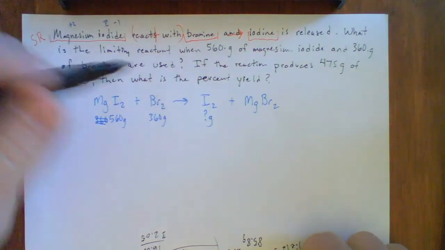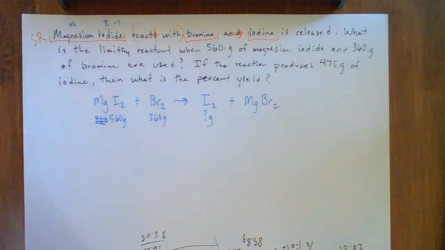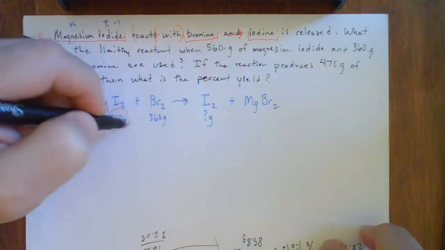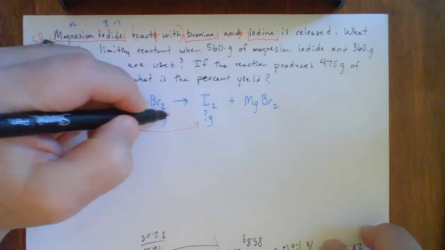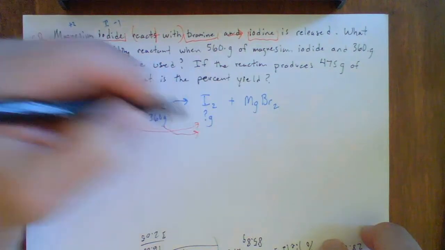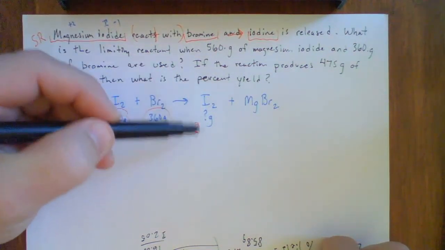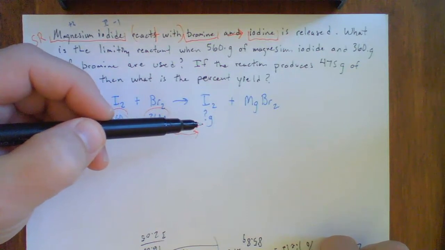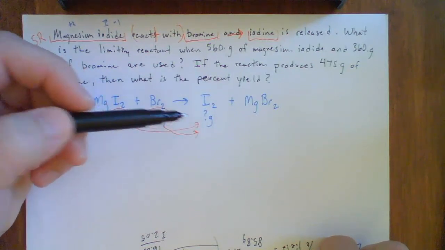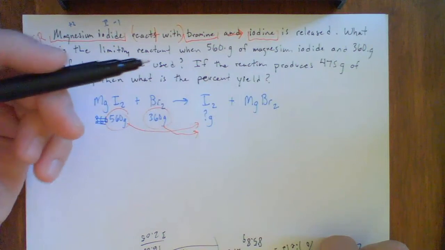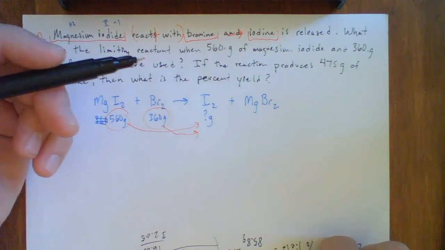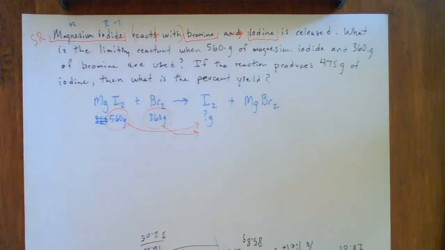I'm going to convert this reactant to the iodine, this reactant to the iodine, and I'm going to use that trick from yesterday where I just compare my two and say which one is the smaller of the two. That's the one that's limiting, and I've also found my theoretical yield at the same time. So I'm going to go through and do my stoichiometry steps for both of my reactants.